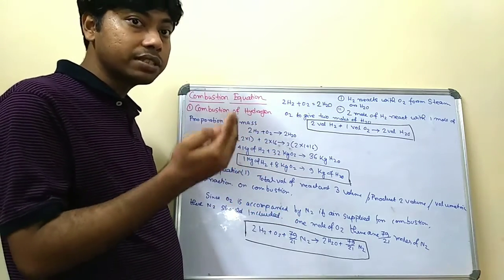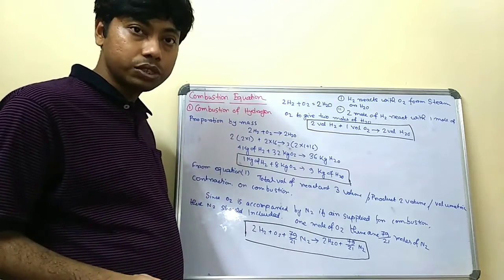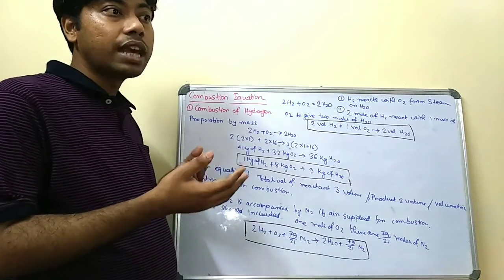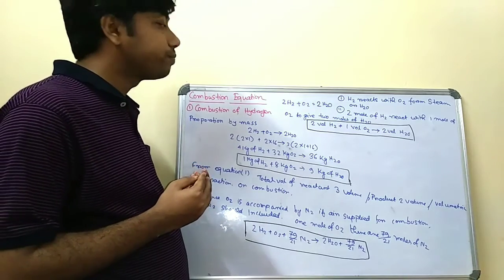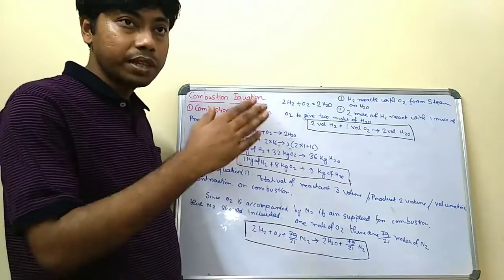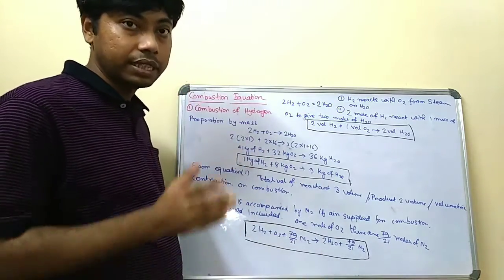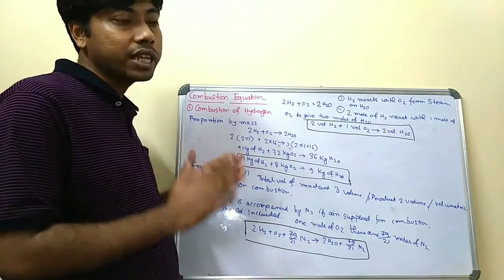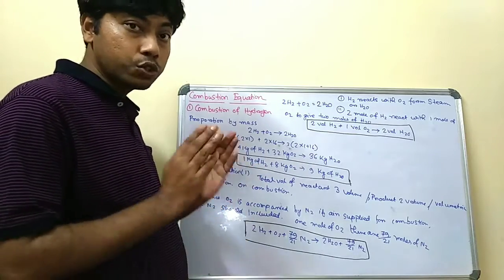But after the reaction, the atoms are chemically rearranged and form different chemical compositions. The arrangement differs, but the balance should be consistent from the left side to the right side, so that the total mass of reactants is equal to the total mass of products. So it should be followed.